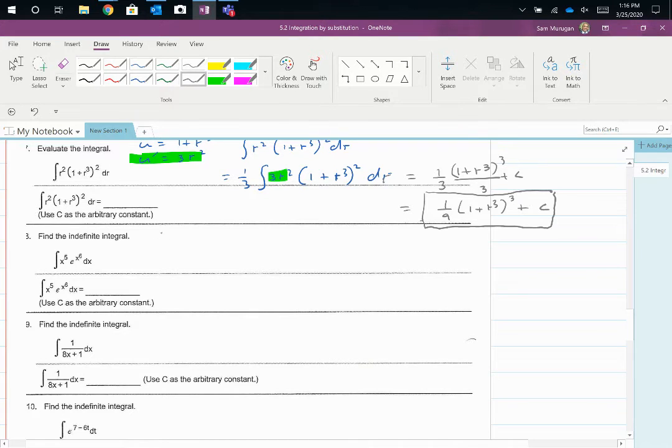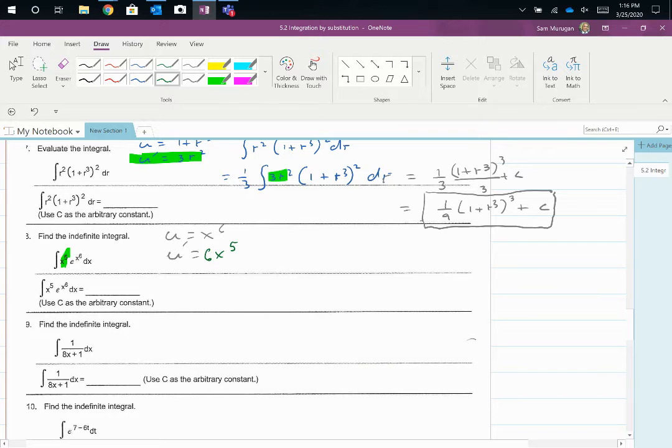Alright, so here we're going to let u equal to x to the power 6. So du, or u prime, is equal to 5x to the power 5, sorry, I differentiated incorrectly. This is 6x to the power 5.